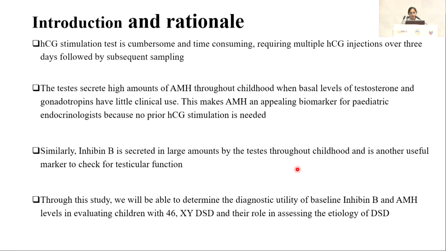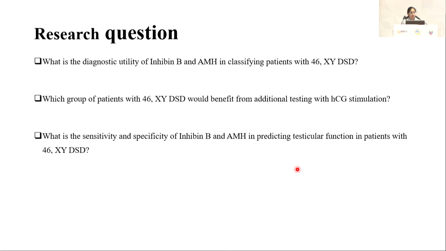So through this study, we'll be able to determine the diagnostic utility of these two hormones in evaluating children with 46XY DSD and their role in assessing the etiology of DSD. The research question was: what is the diagnostic utility of inhibin B and AMH in classifying patients with 46XY DSD? Which group of patients with 46XY DSD would benefit from additional testing with HCG stimulation? And what is the sensitivity and specificity of inhibin B and AMH in predicting testicular function in these patients?